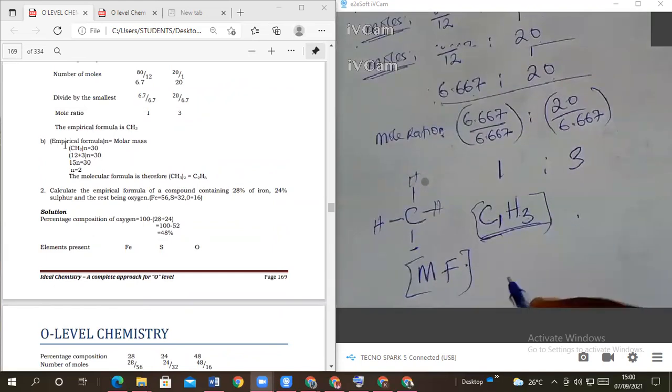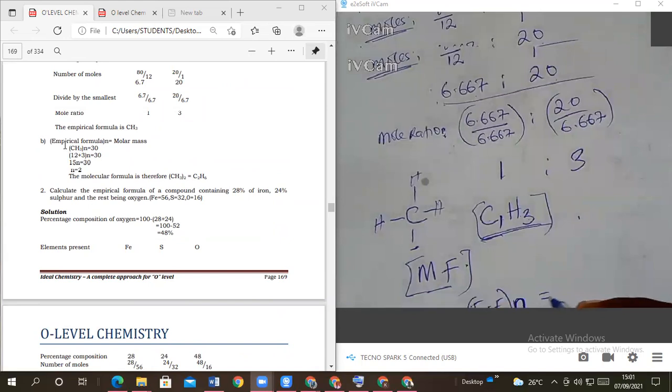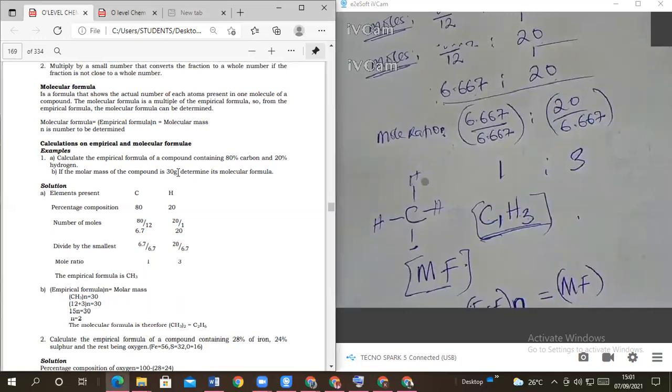The molecular formula is the empirical formula times any number that we don't know. Now, when you look at this part B, if the molecular mass of the compound is 30 grams, determine its molecular formula.